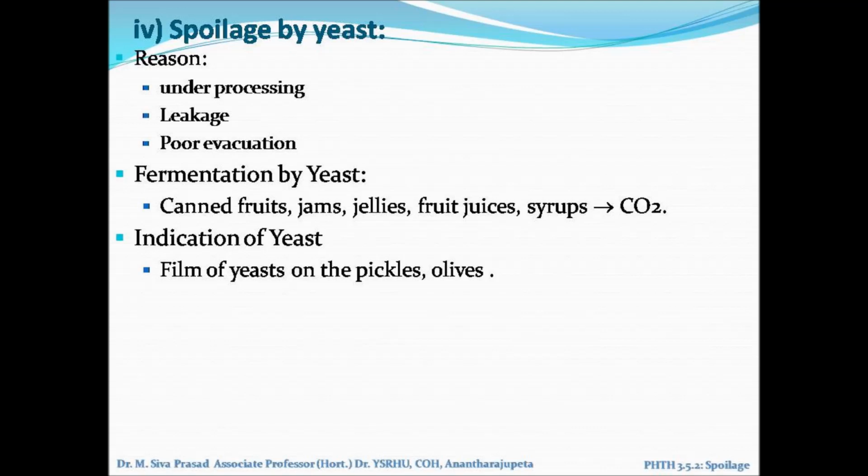Whereas the temperature in canning ranges from around 100 to a maximum of 121 degrees Celsius. At such high temperatures, there is no chance the yeast can survive.